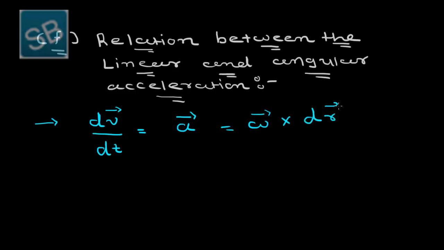As we know, the derivative of linear velocity, dv with respect to time dt, is equal to linear acceleration, and that is equal to the value of angular acceleration in this way: omega into dr by dt plus r into d omega by dt.